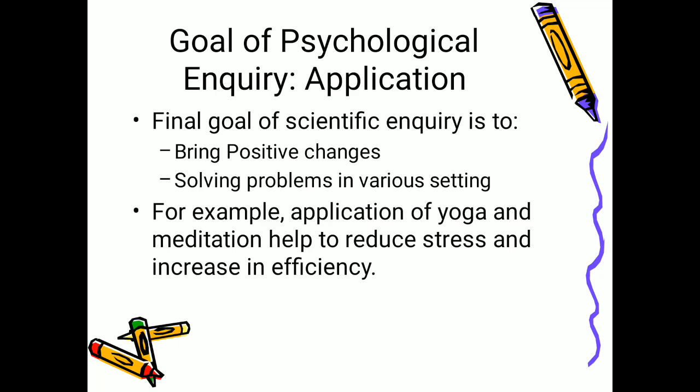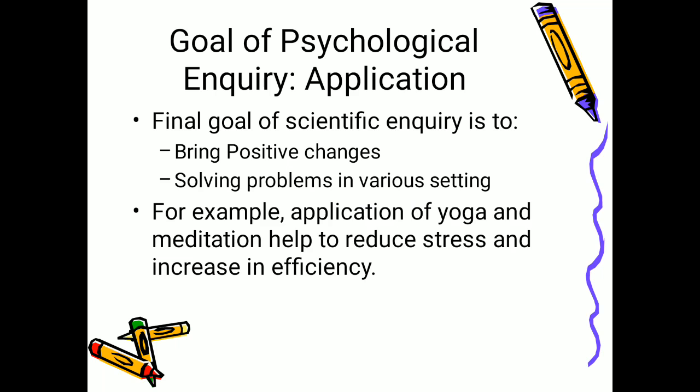For example, application of yoga and meditation helps to reduce stress and increase efficiency. Now, for example, we see so many studies, or there is so much in the news as well, or in media as well, that yoga and meditation help you to boost up your immune system. It helps you to reduce stress. It helps in increasing the efficiency among people.